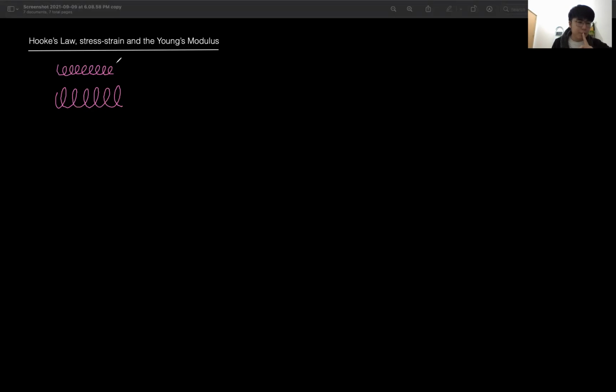Now, my point is, they are the same material, but one is thicker. This will have a higher stiffness or a higher spring constant. This will have a lower spring constant. So the spring constant depends on size and dimension. Even though it is the same material, with different dimension, the spring constant is different.